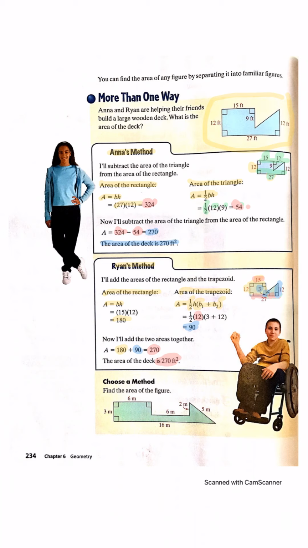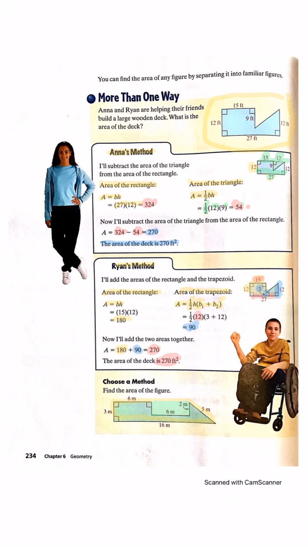I myself am going to solve it using Anna's method. So what I want to do is find the area of this entire figure, and then I'm going to subtract the area of this rectangle.